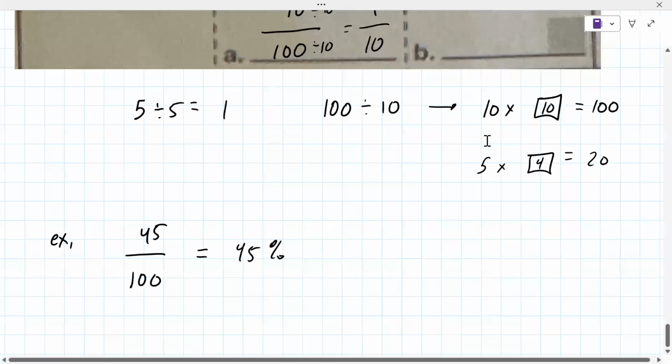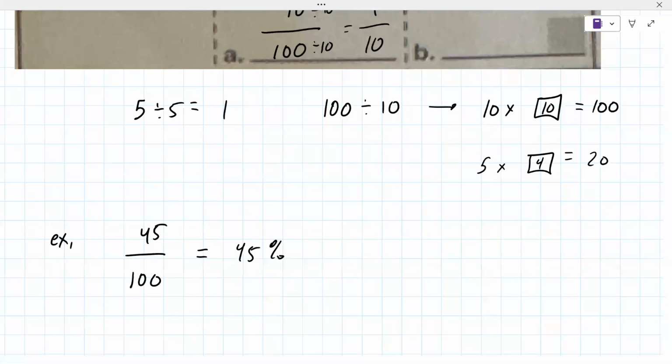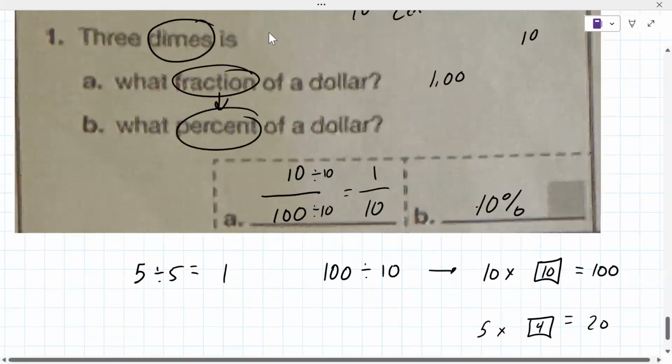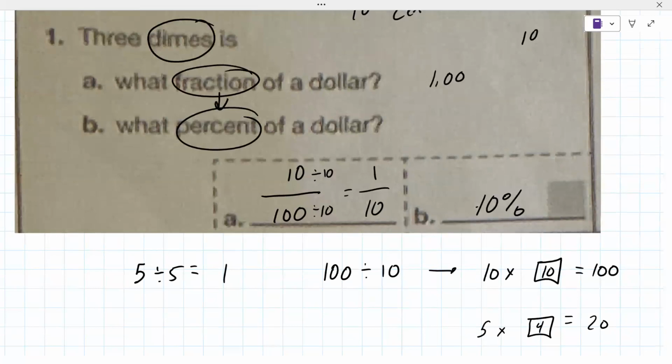Very good. Now, what if it's 10 out of 100? What is that as a percentage? 10%. There you go. So you've got that down here. B is 10%. You got it? Yeah.